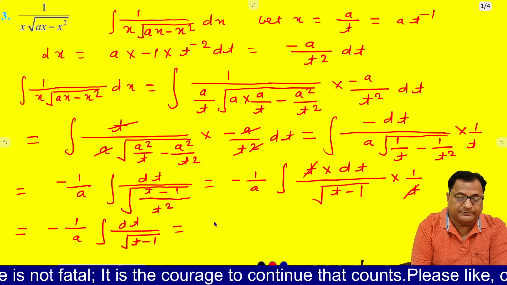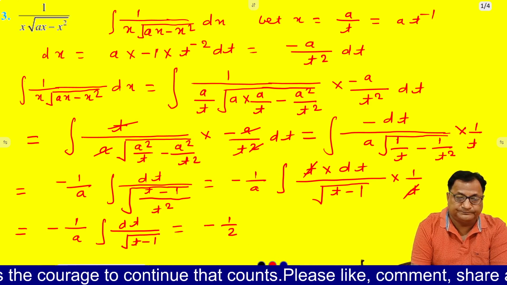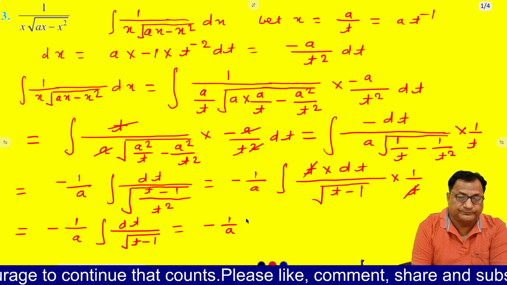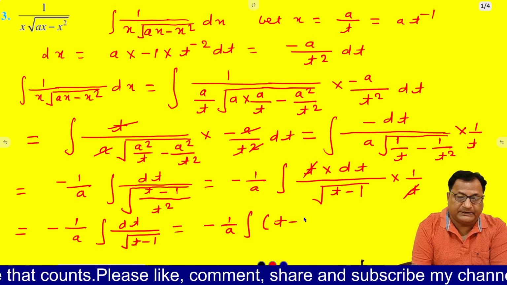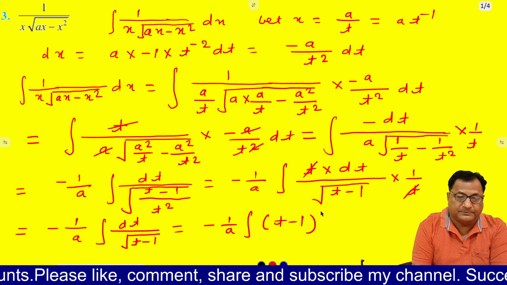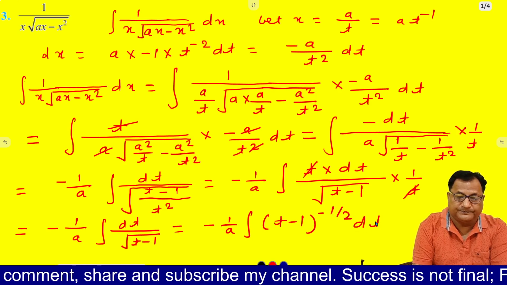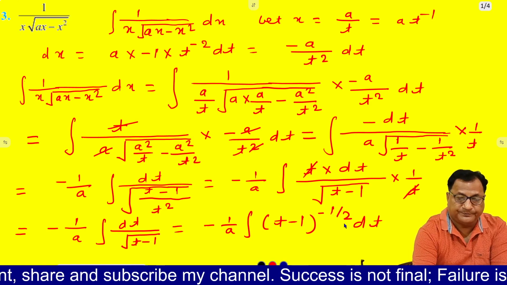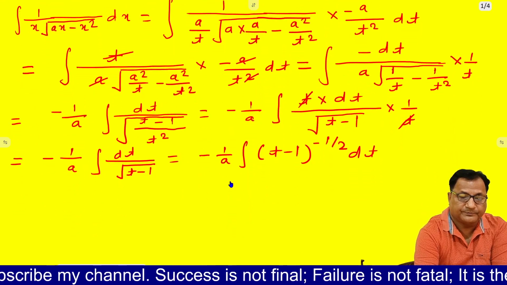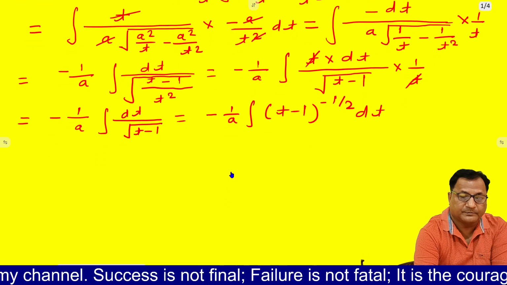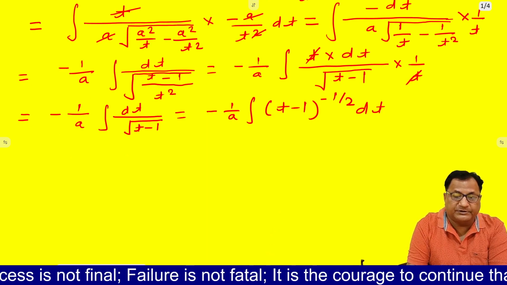We can write this as minus 1 by a, t minus 1 to the power minus 1 by 2 dt. How will we integrate this?